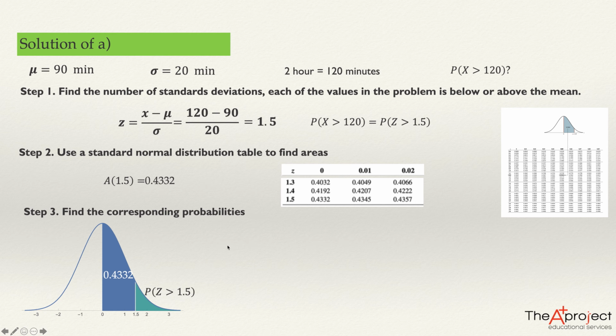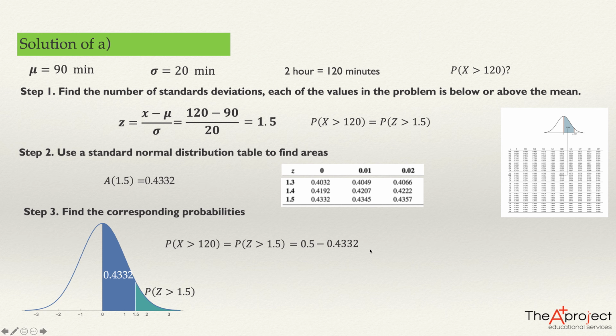So the probability that x is greater than 120, which was the question, I have transformed into the probability that z is greater than 1.5. This will be equal to 0.5 minus this area. If from half of the curve I subtract 0.4332, I will obtain the area in the question. So it will be 0.5 minus 0.4332.